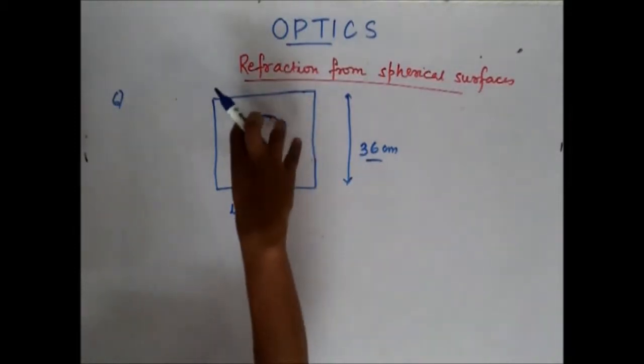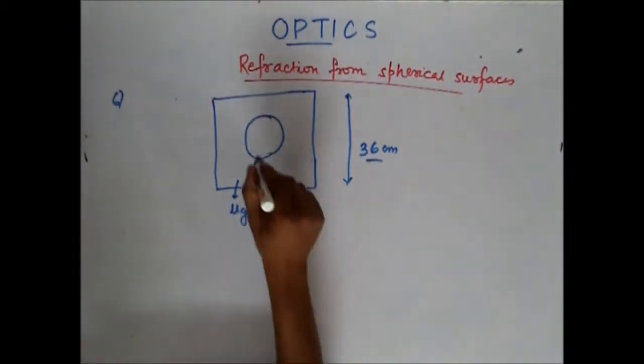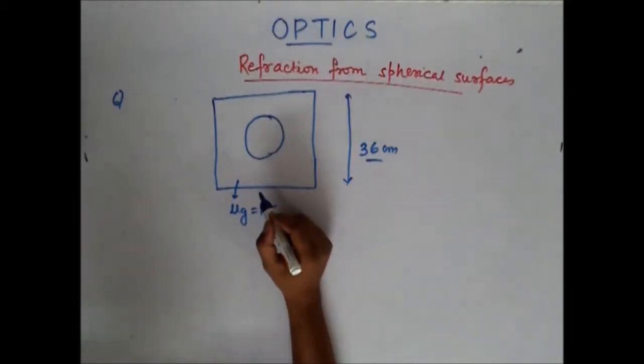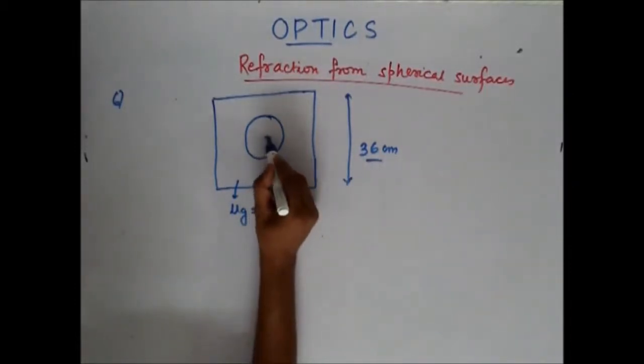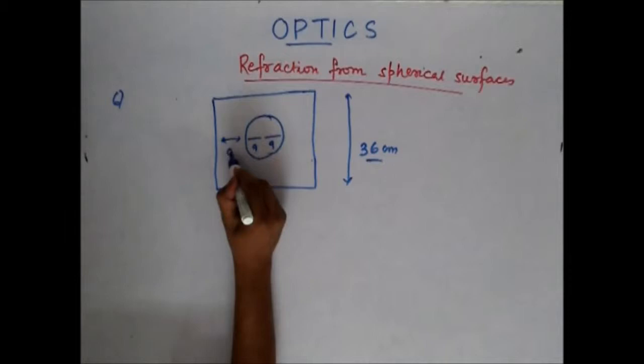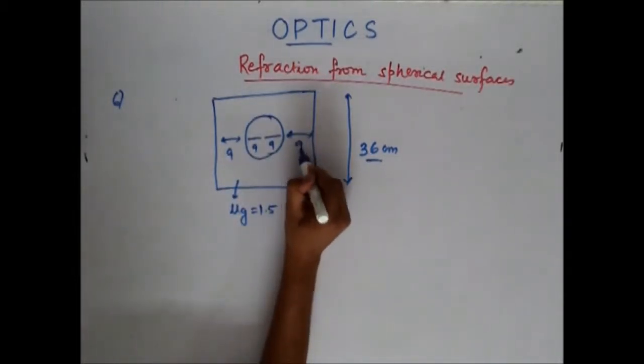The spherical cavity is symmetric at the center and it has a radius of 9 centimeter. This has a radius of 9. So also 9. Since it's symmetric, this distance is also 9 and this distance is also 9.